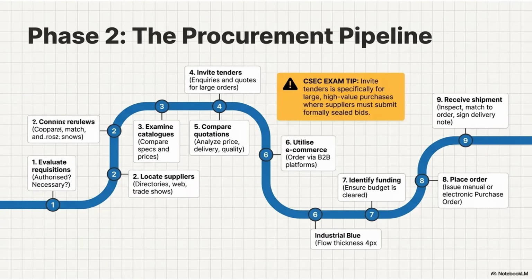Now, in most cases, they'll have a suppliers listing already that they would normally go to. But if they don't, they'll try to locate one. Then you'll examine what each of these suppliers are offering. You'll compare their catalogs.